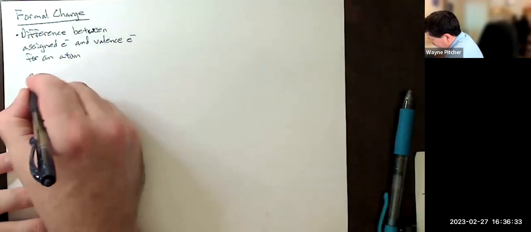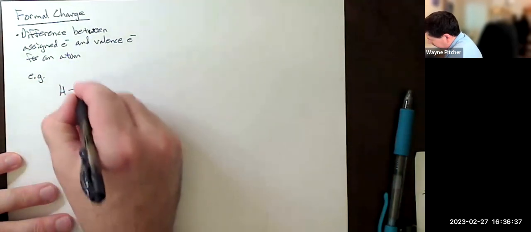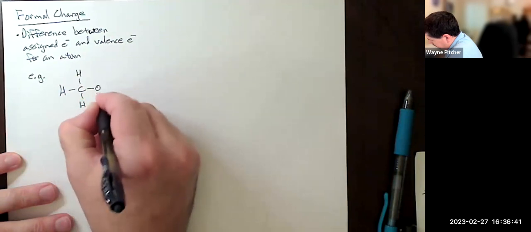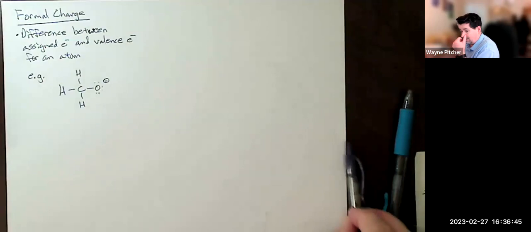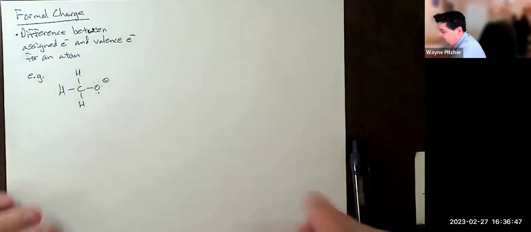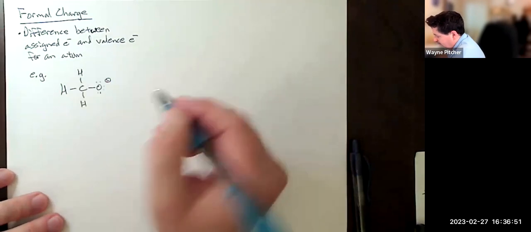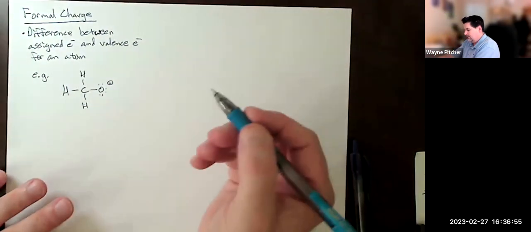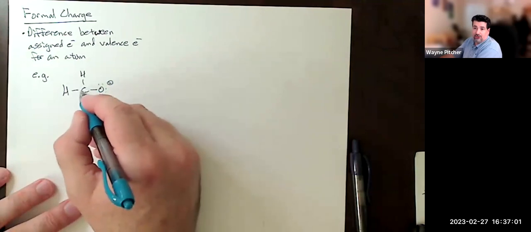So if we look at an example here, of methoxy, we can see that each hydrogen has one electron assigned to it because we just have one bond. So for single bonds, we're going to split those electrons 50-50.